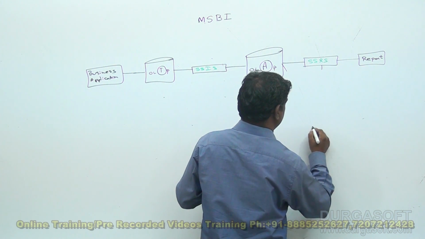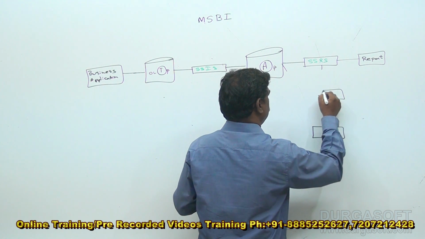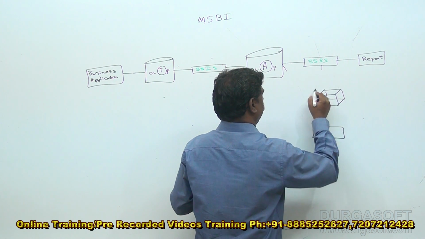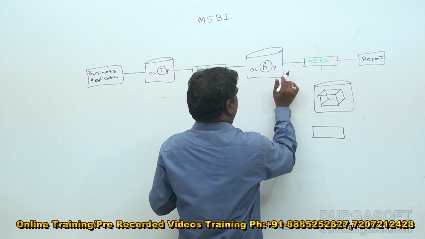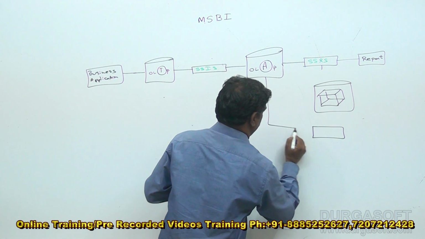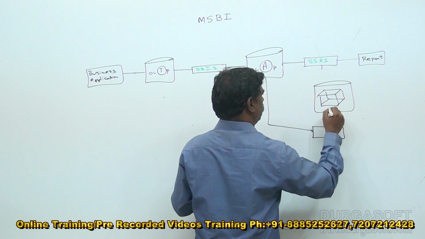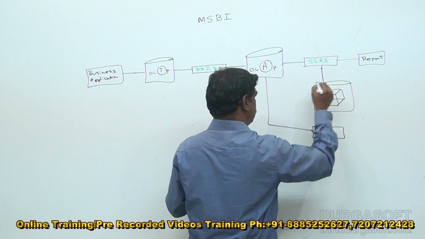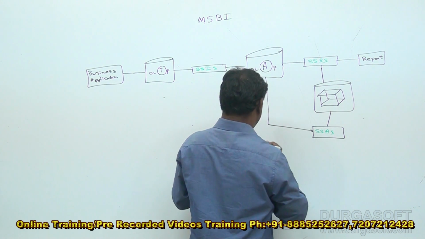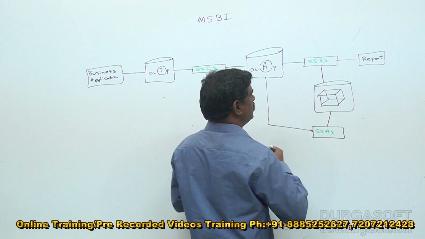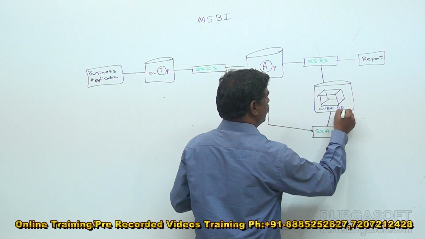So here you have a block, here we have something like this. From the OLAP system, and from the OLAP system to here, and from this to this place. So what is this component? SSAS. And what is this component? It is the cube database, cube DB.